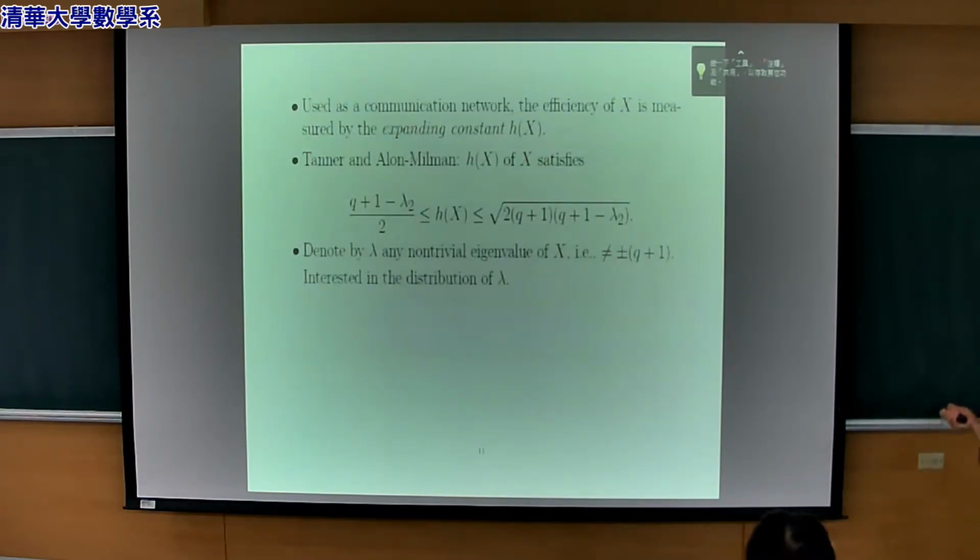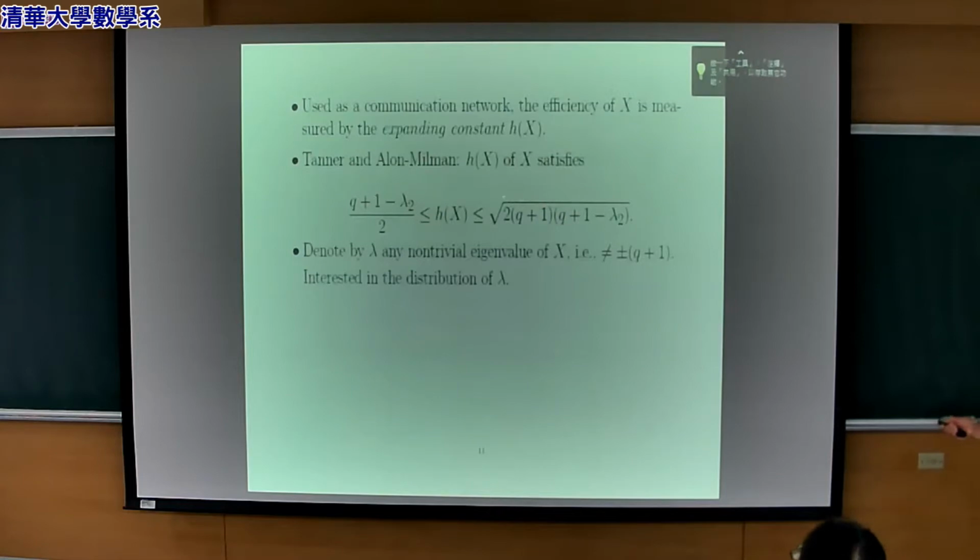Fortunately, Buser and Milman discovered that there's a way to estimate this expanding constant. It is bounded from below and above by functions in the spectral gap, the gap between lambda 1 and lambda 2. So it shows that the larger the spectral gap, the larger the expanding constant, which means the more efficient this communication network is.